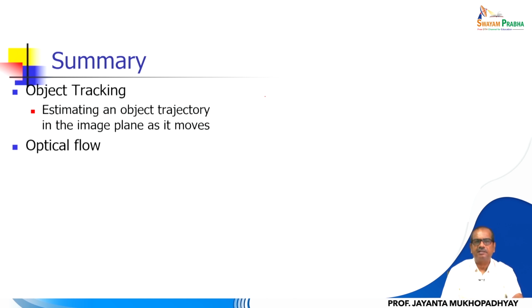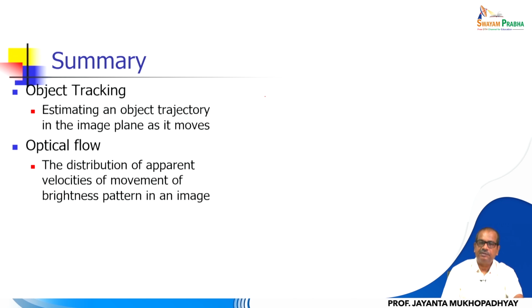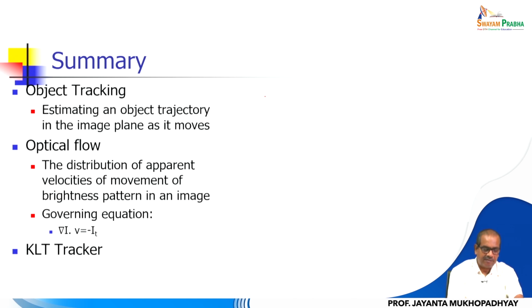We discussed optical flow, which is a distribution of apparent velocities of movement of brightness pattern in an image, and the governing equation is this: the gradient of I in space, dot product with the apparent velocity, should equal the negative of the change of brightness over time, since the brightness pattern remains the same along the motion of the object.